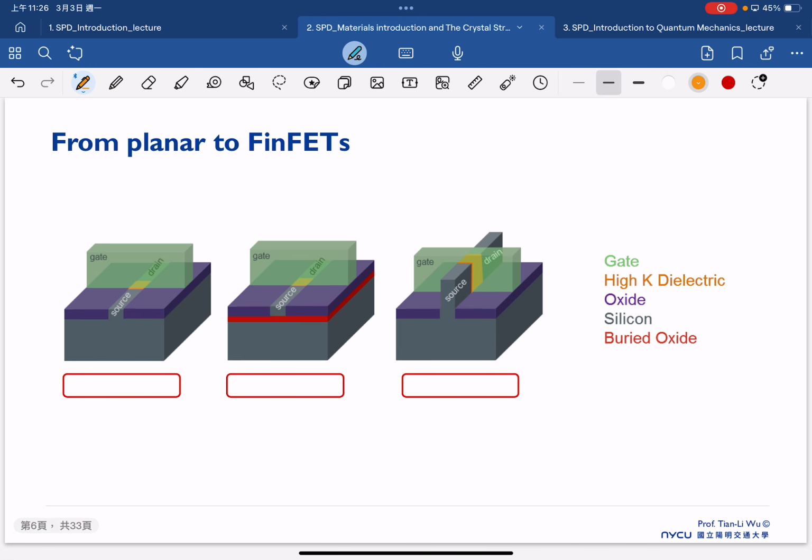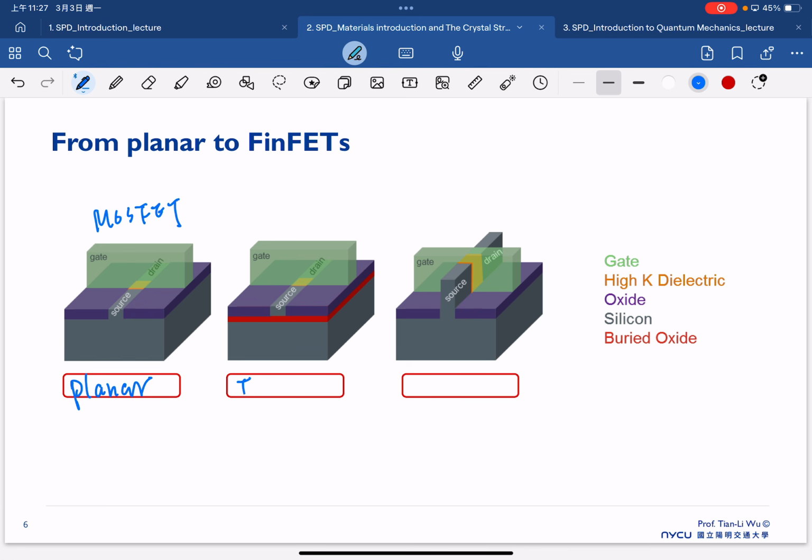And the evolution of the transistor has already been reviewed in the first chapter, in the introduction. Here, let's just quickly go through it again. So we have the planar MOSFET, and then we have the fully SOI.